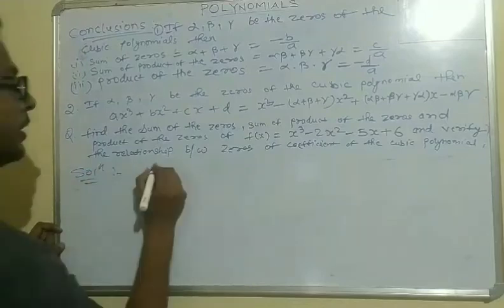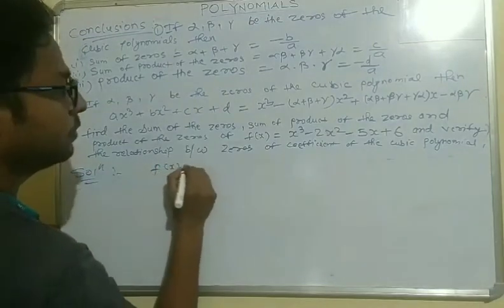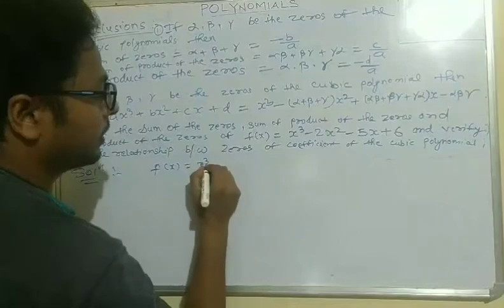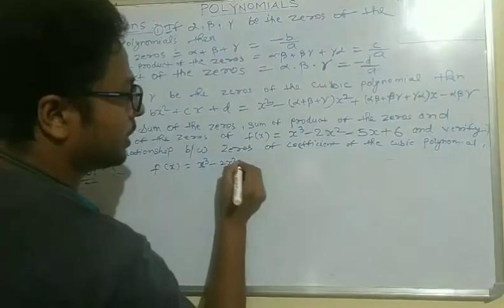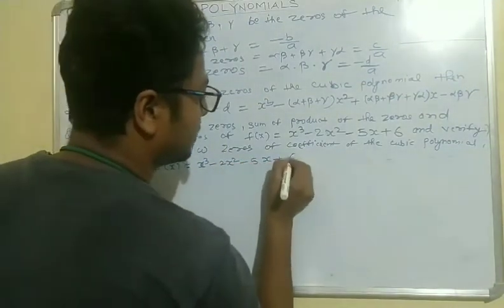Solution. Here f(x) equal to x cube minus 2x square minus 5x plus 6.